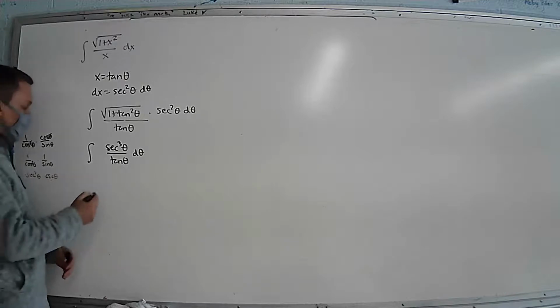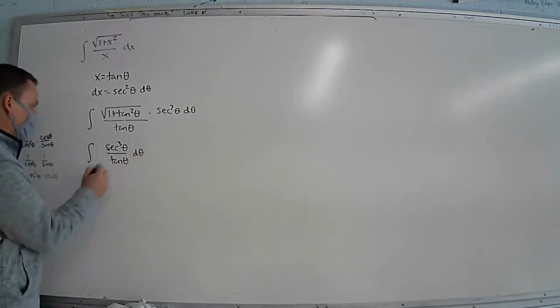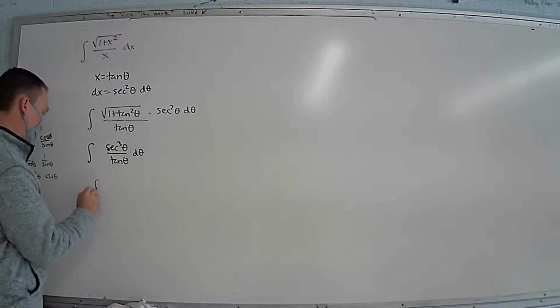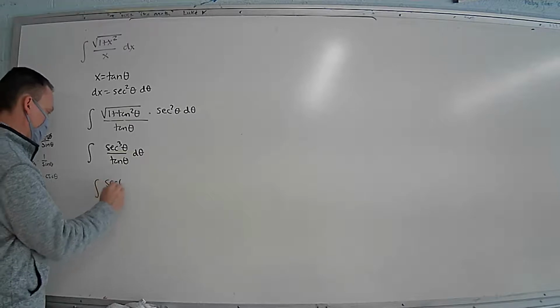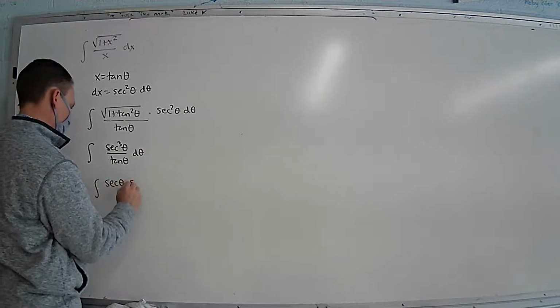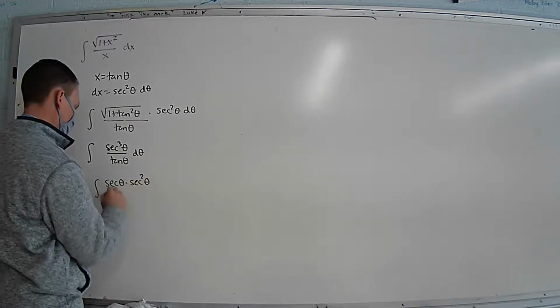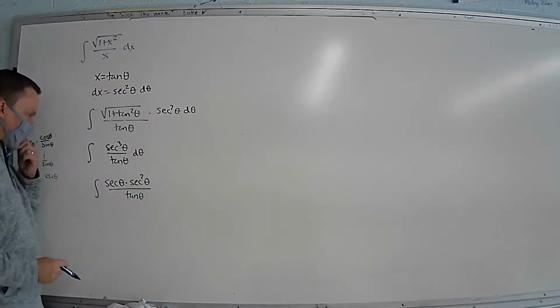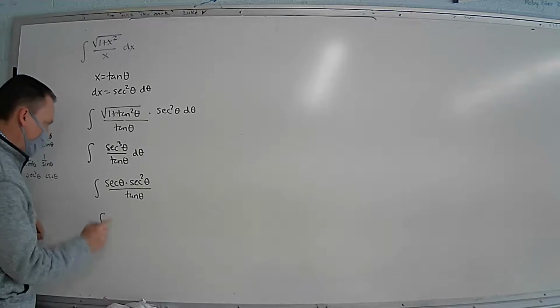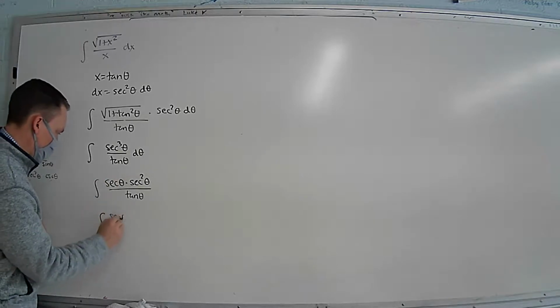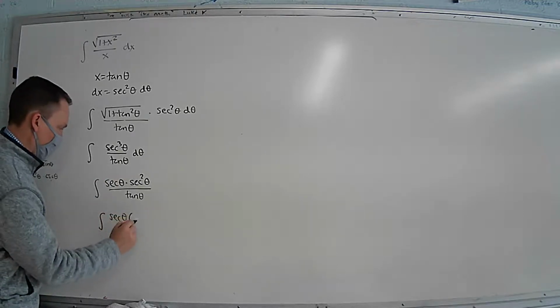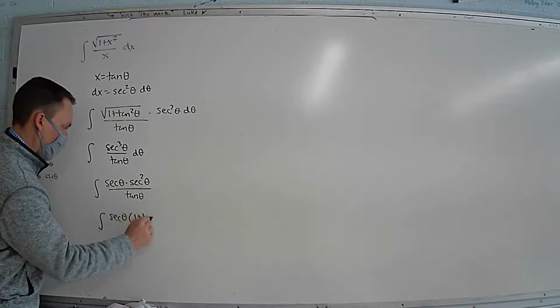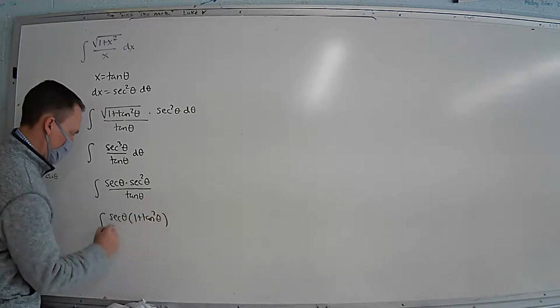Well, what we've done in the past when we've had a secant cubed is maybe written it like this, which is what I have kind of right there. And then that secant squared is the same thing as 1 plus tangent squared.